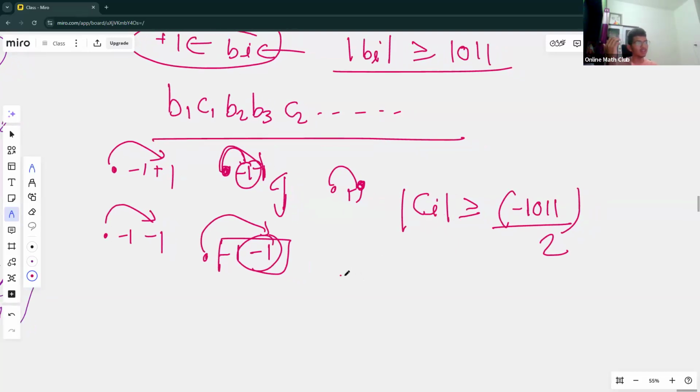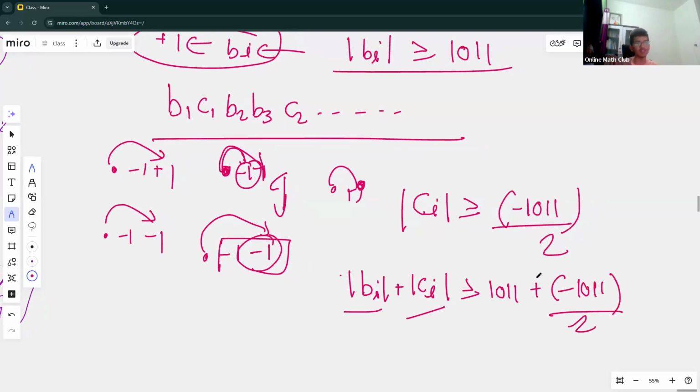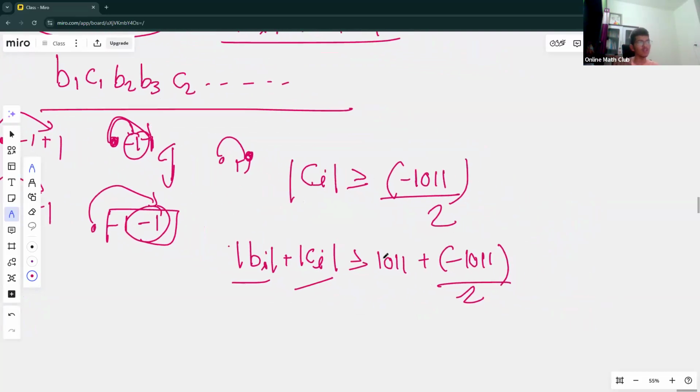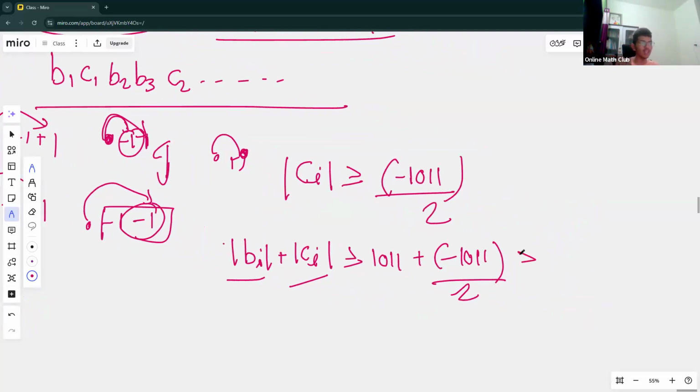So basically the number of Bis we are covering is at least this much, and the number of Cis we are covering is at least this much. And if you consider this sum, this is actually what? Yeah, this is like this by 2.